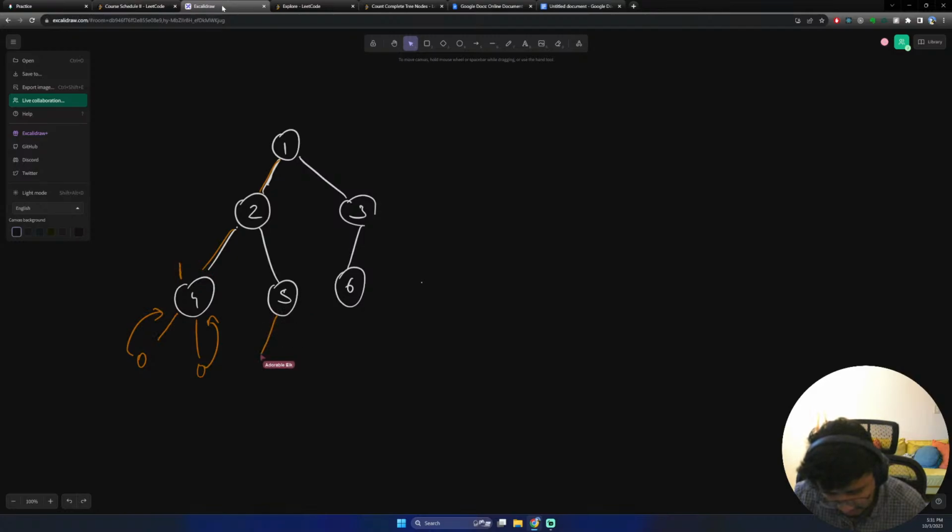Similarly in this case, it goes 0, 0, it returns 1. Then we need to add 1 plus 1 plus 1 and send it back. So this returns 3. And this node also returns 1. Then this one returns 0. Then 1 plus 0 plus 1 returns 2.